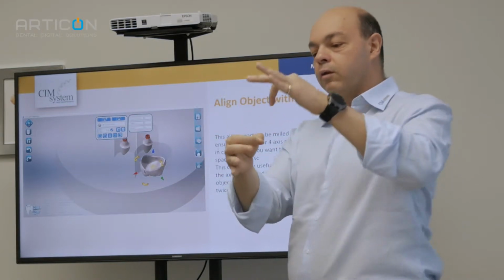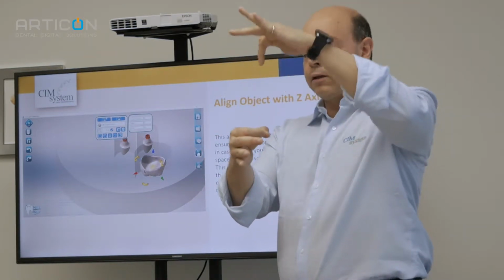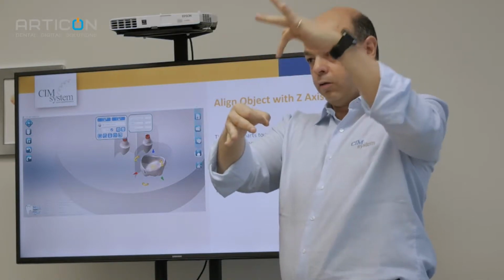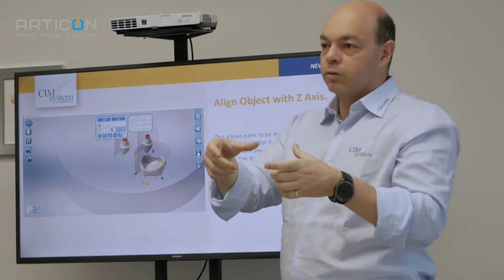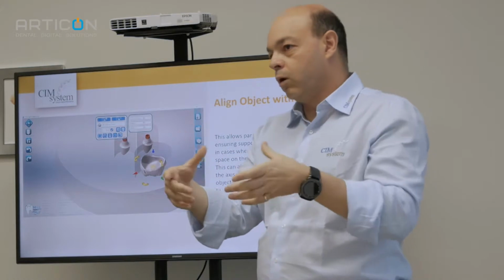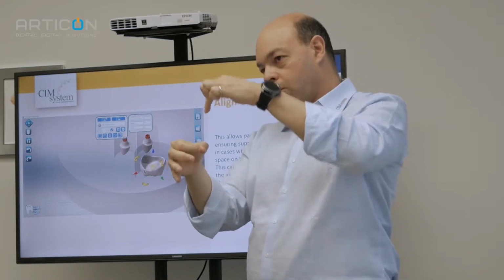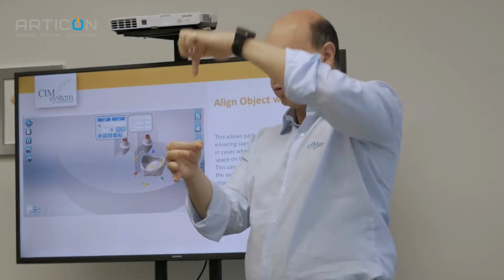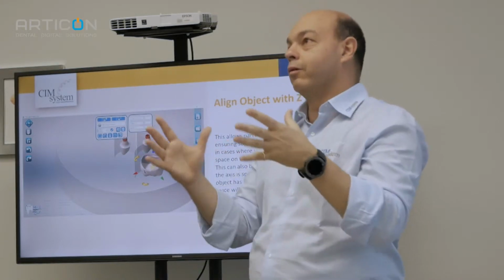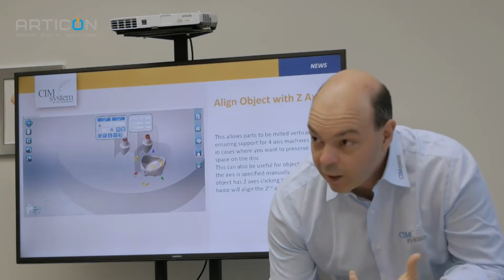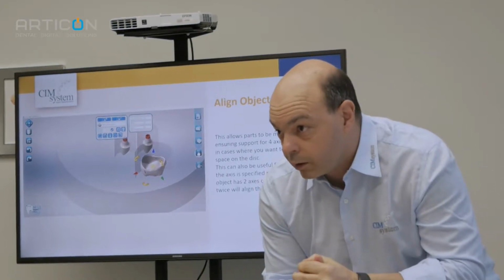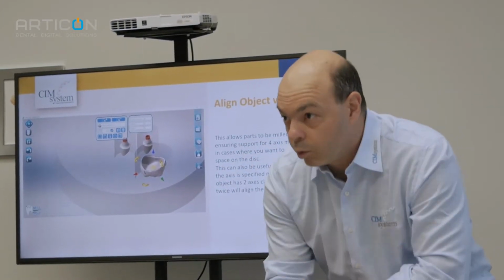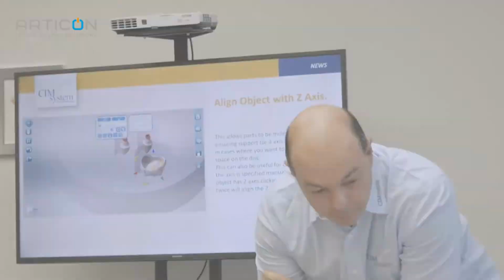For example, if I need to make one hole, it's better to make it in this way, not in this way, because the machine would need to put 4 or 5 axes in one position and make the hole. If possible, it's better not to move the 5 axes. Sometimes the machine is not really calibrated and it's possible you have a small problem after 2 millings.